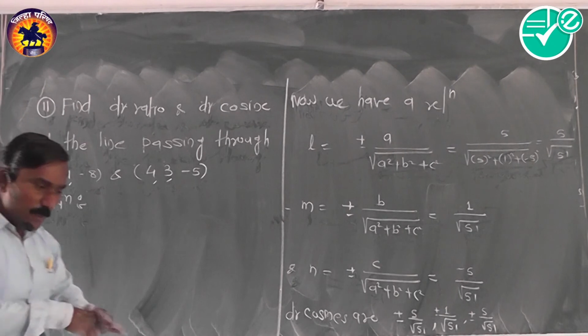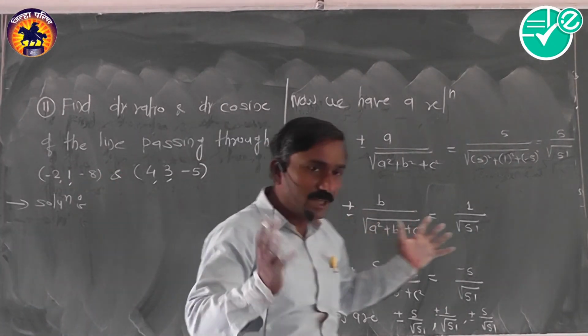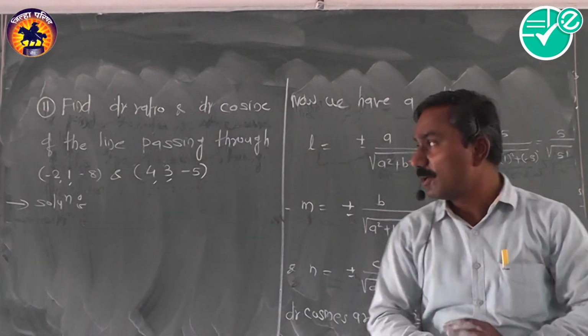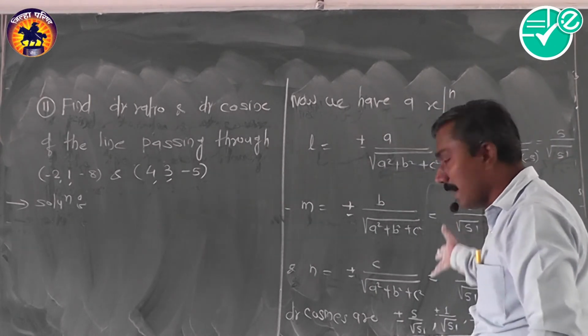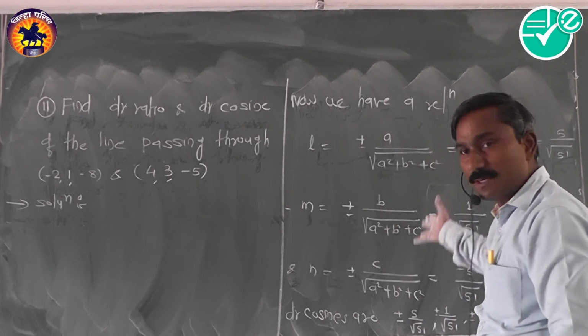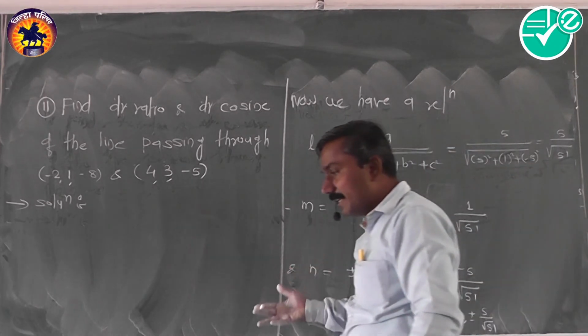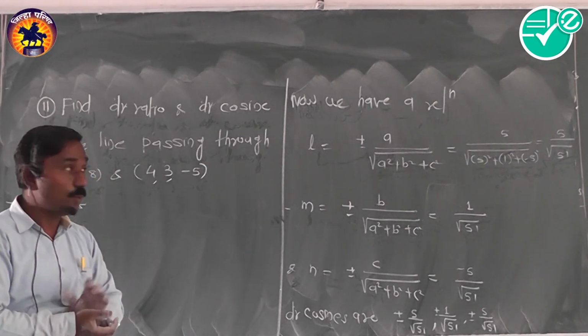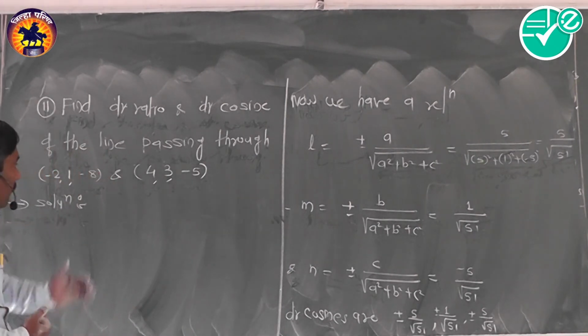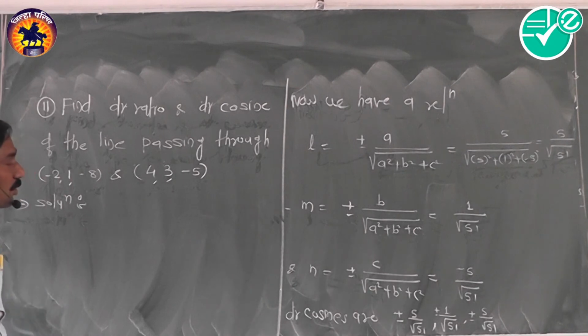Now how can we solve it shortly? It is important, because in board examination we solve step by step, there is no shortcut. But in CET, how can it be made short? It is also important to practice how it can be short.